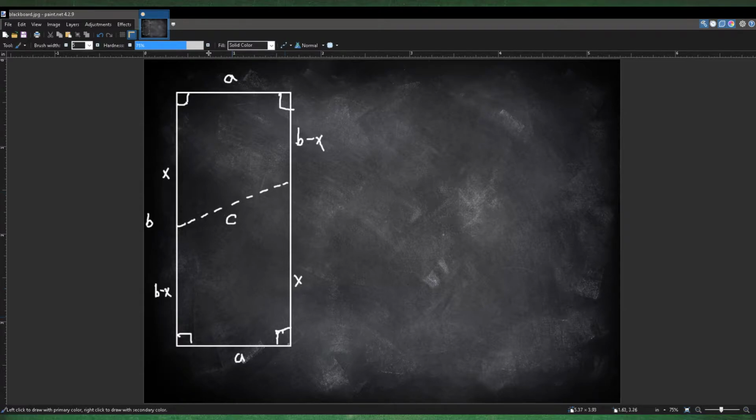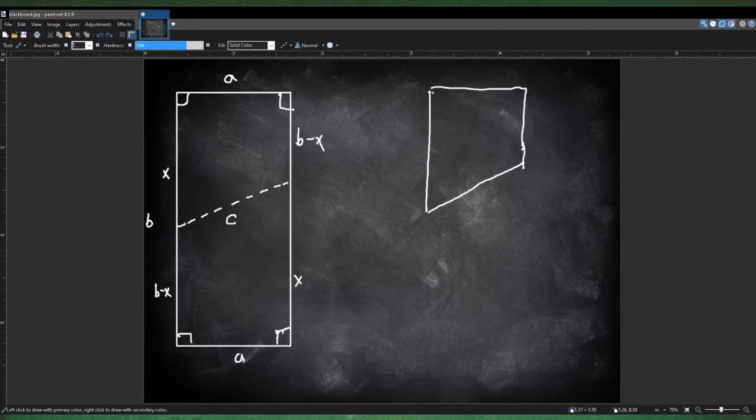Now let's flip this over to connect it, even though it doesn't look that good because I can't really draw. We have a shape like this, and then we have this side length flipped over that line, and this side length flipped over that line.